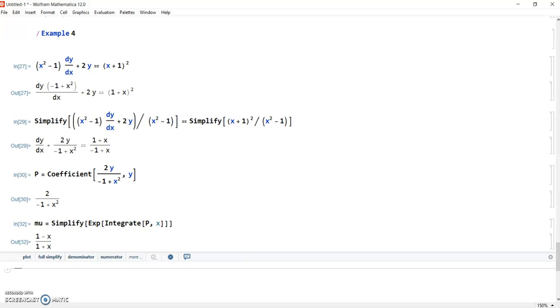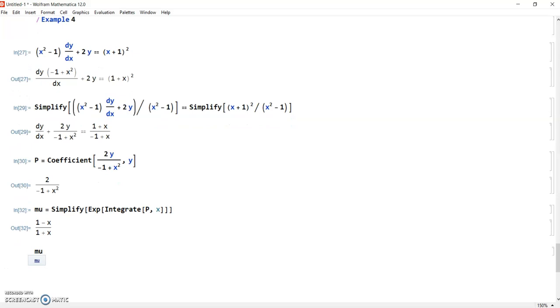integrating factor. So as the next step, you know that for the linear equation, the integrating factor mu times y is equal to the integral of mu times the function on the right hand side.